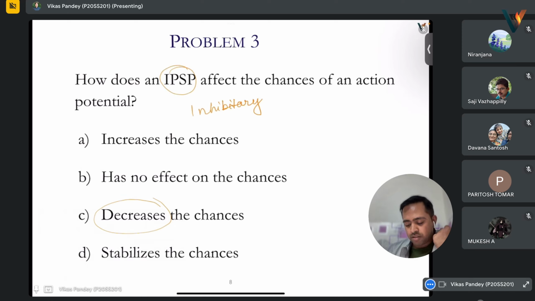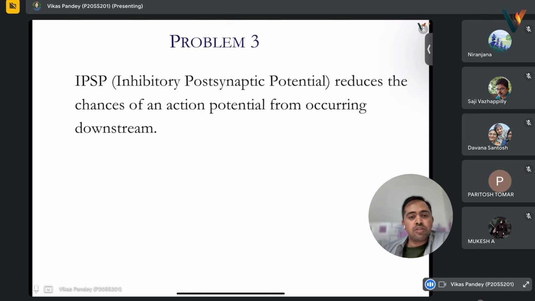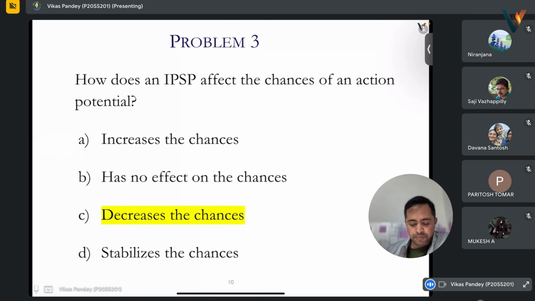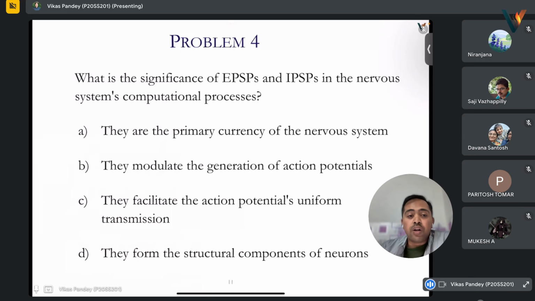Inhibitory in nature. So it will decrease the chance, reduces the chances of an action potential from occurring downstream, not there along the stream. It will affect downstream. So what is the significance of EPSP downstream, what does it mean?